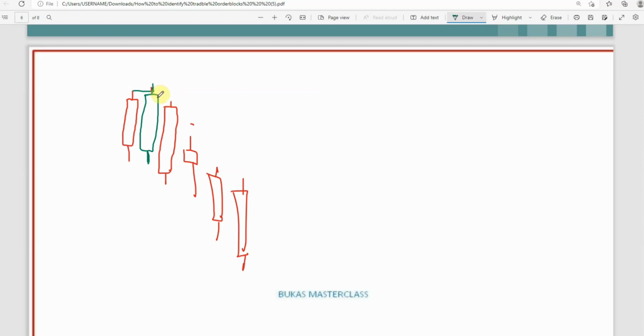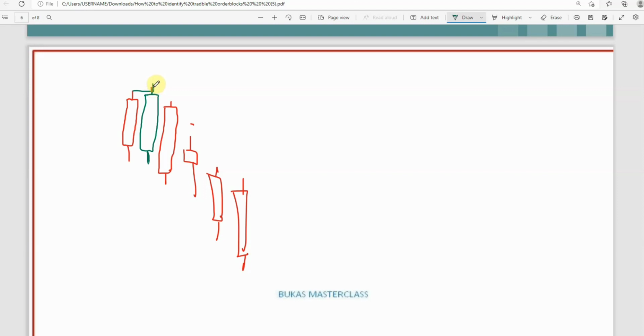This candle right here is the last bullish candle before this sell. Now we want to determine where our OB is, to determine the next sell-off which can happen around here. To determine the next sell-off, we have to find the right order block. To find the order block, that bullish candle before the sell-off candle has to take out liquidity first.